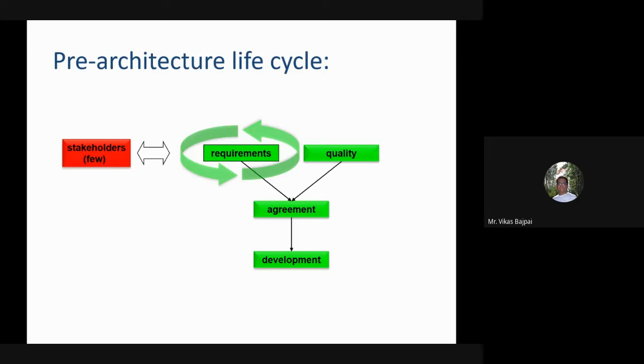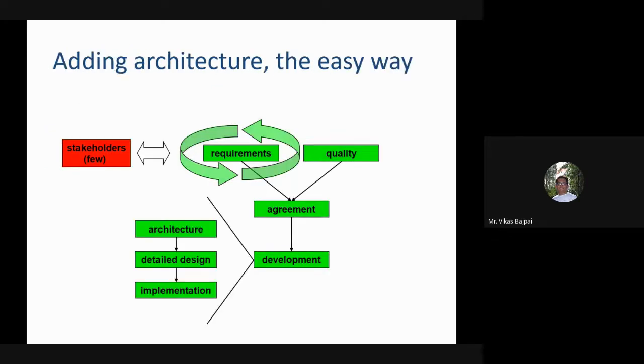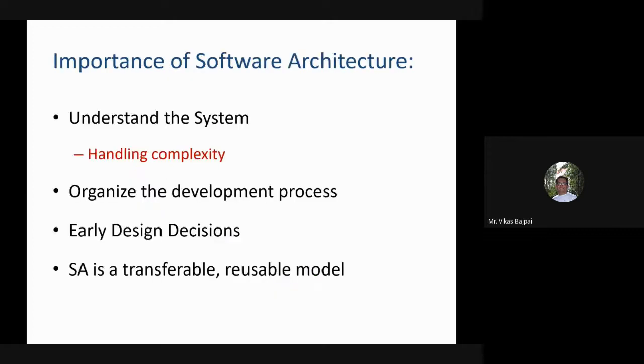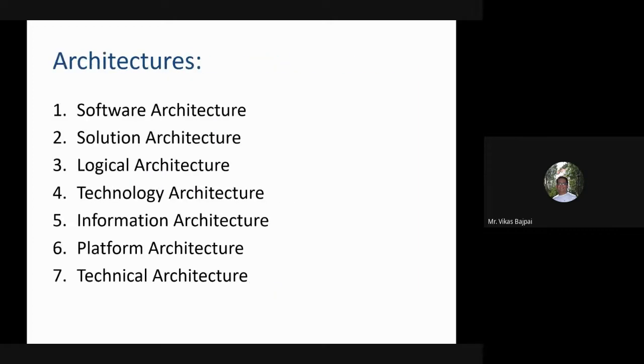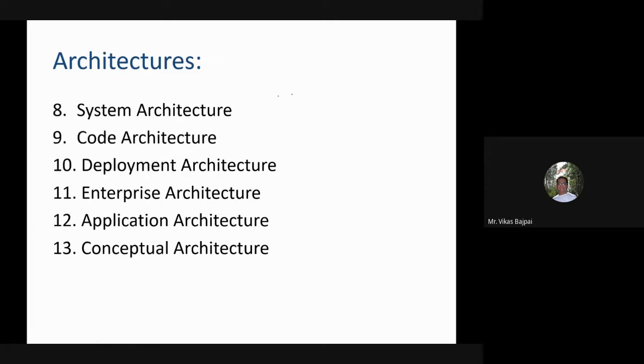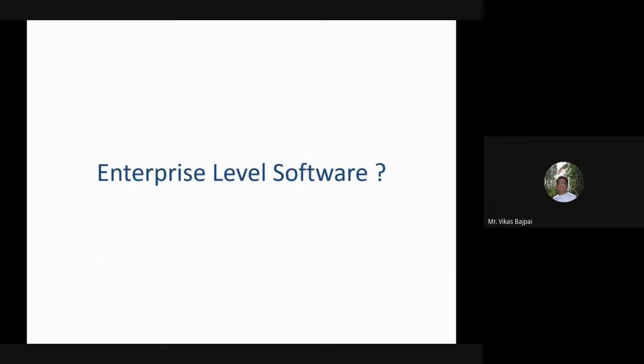All those things we saw. Then we saw some pre-architecture life cycle. Then we thought of adding the architecture, then adding architecture in the optimum way. Then we saw some of the architectures, I gave you a huge list, right? And then we took examples from the important ones.